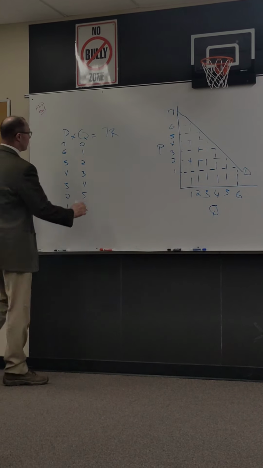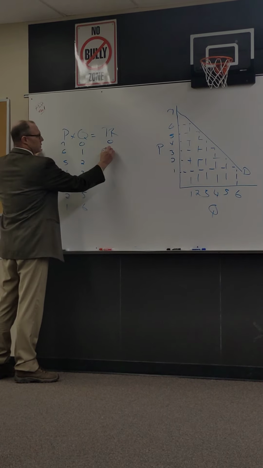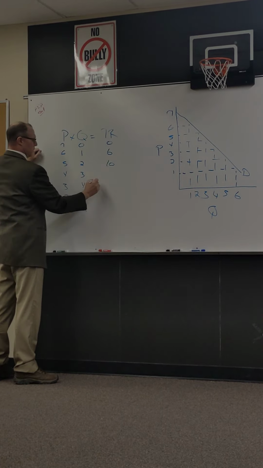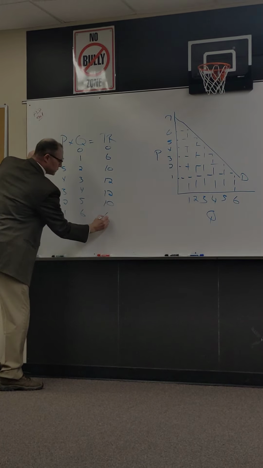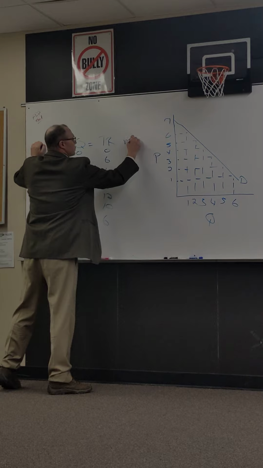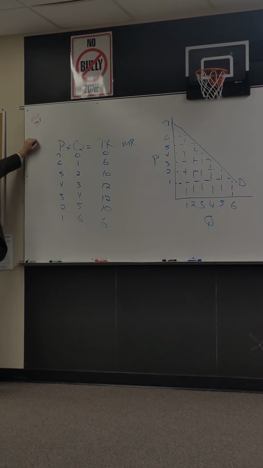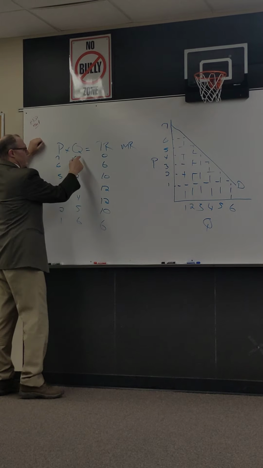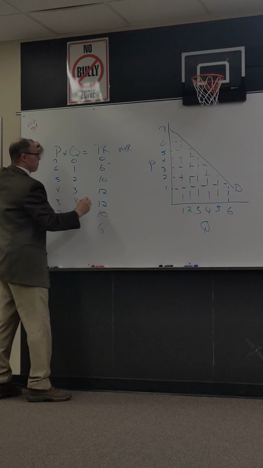So what is our total revenue here? It is 0. What's our total revenue? 6, 10, 12, 12, 10, 6. Could we develop a marginal revenue function from this? I think we could, couldn't we? Okay. What's the marginal revenue then of producing the first item? 6.